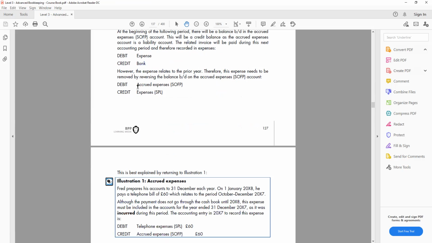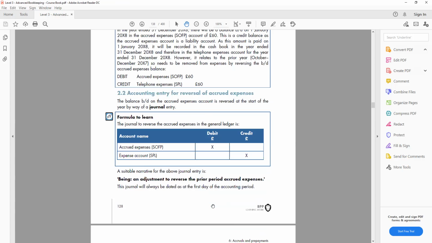So I'm making the accrued expense debit so that my liability will be finished, because before, the accrued expense was credit, now I'm making it debit, so they cancel each other, and the expense will be decreased because this expense is not relevant to this year. The expense was for last year, so I have to reduce it. So let's read one of the examples.